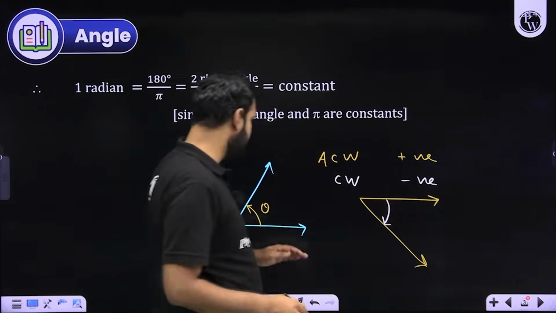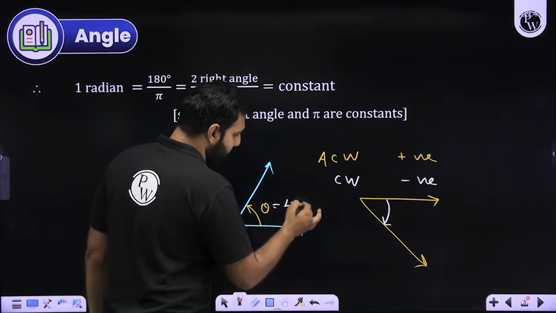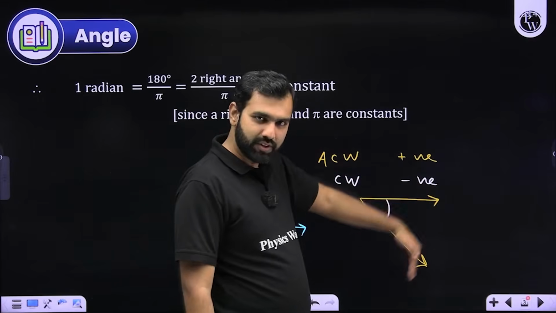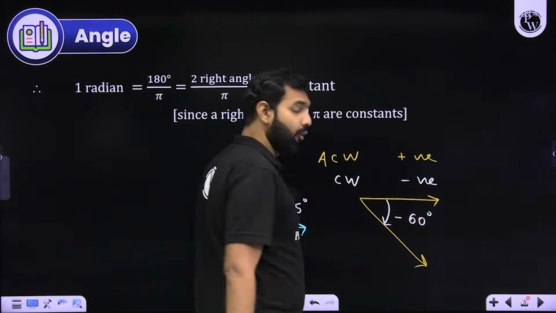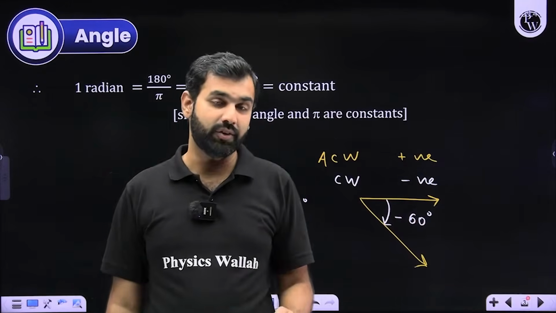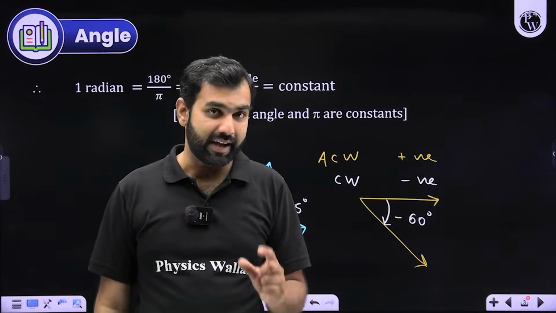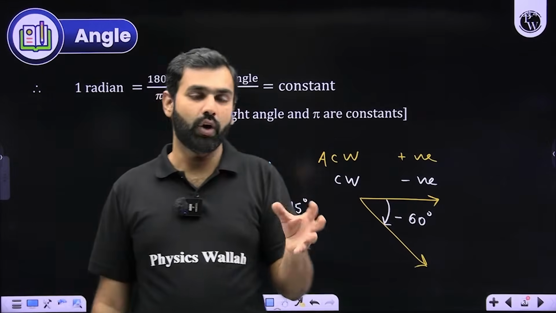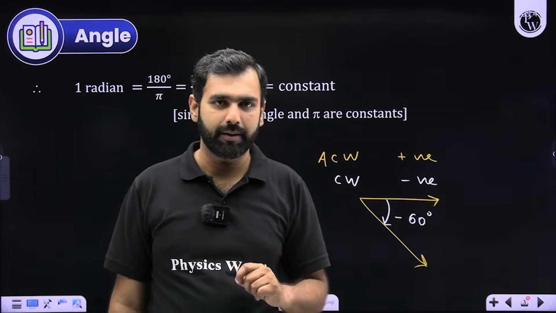For example, here, if the inclination is 45 degree, I'll read it as plus 45 degree. But here, if the inclination is 60 degree, but it was the initial position, this was the final position, I'll read it as minus 60 degree. I hope it is making a lot of sense that it all depends on the direction through which you're measuring that inclination. So that angle will be read either positively or negatively, depending on whether it is measured anti-clockwise or clockwise. Did you get that part?